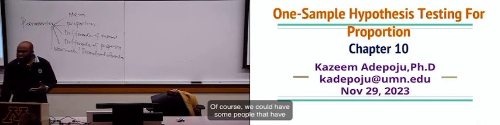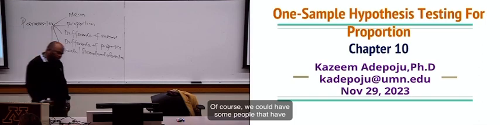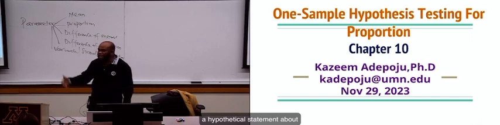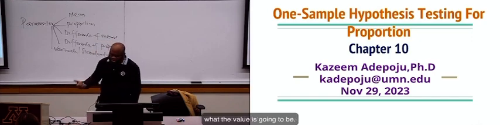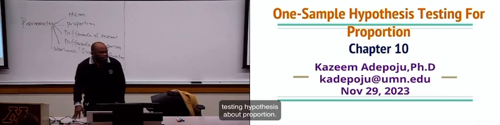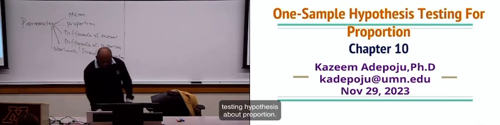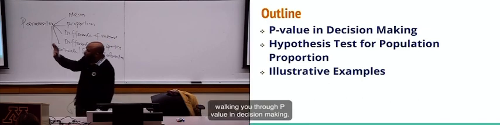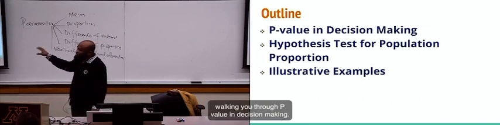And of course, we could have some people that have a hypothetical statement about what the value is going to be. Today, we want to focus on testing hypotheses about proportion. I'm going to start by walking you through p-value in decision making.